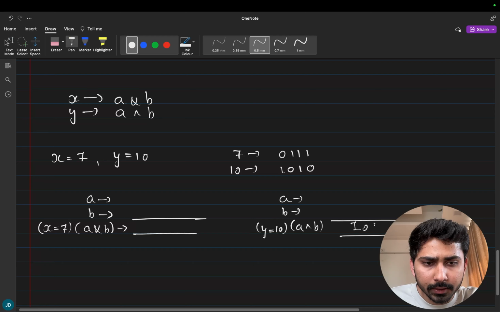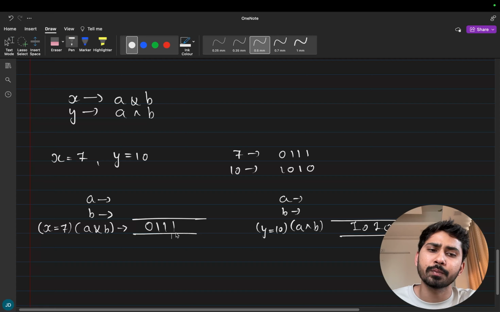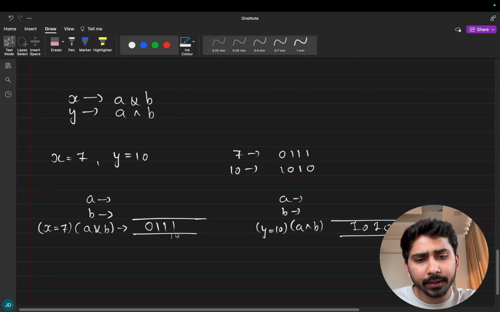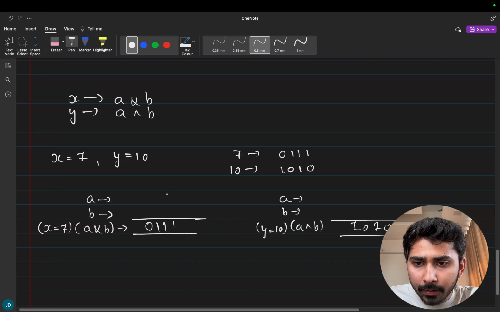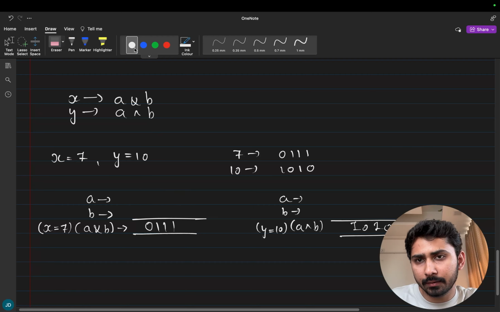We need 1 0 1 0. And over here, what do we need? We need 0 1 1 and 1. Okay, so now I'll try to generate the numbers A and B. Let's see if it is possible or not, and we'll understand why it is not possible to get any output. So I have 4 bits. Let's imagine that the number we are going to generate is of 4 bits, because we cannot show all the 32 bits, right?